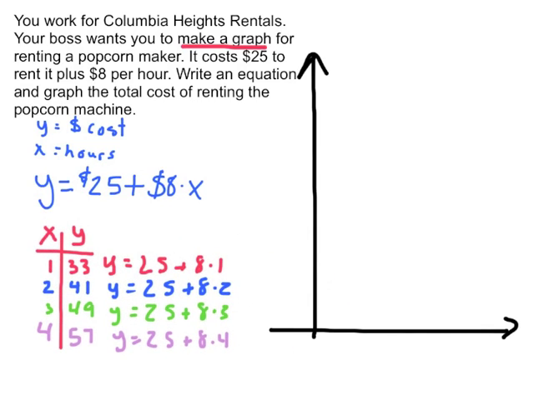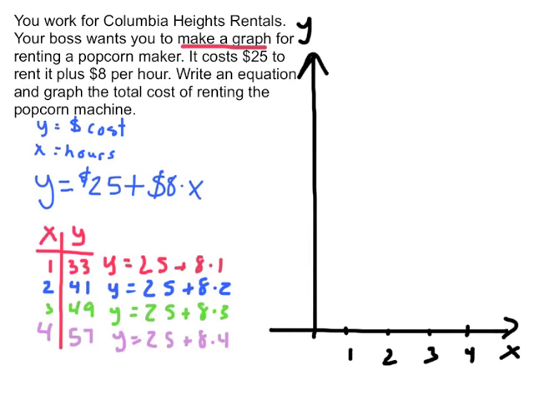So here are my axes. Remember that the horizontal axis is the x, the vertical is the y. If we look at our x values, they are 1, 2, 3, 4. So we should count by ones. The origin is 0, and then we go over 1, 2, 3, 4.